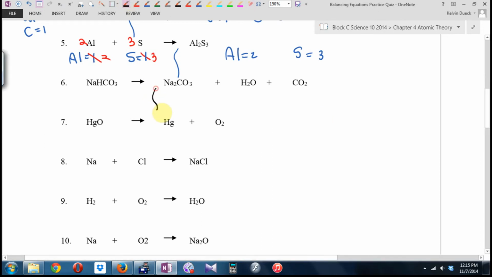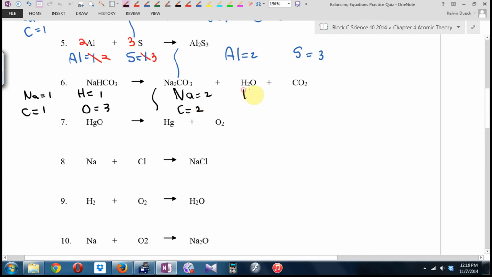Here we go. I got Na, I got H, I got C, I got O. Okay, on the right-hand side, careful. How many C's do I have on the right-hand side? 2.